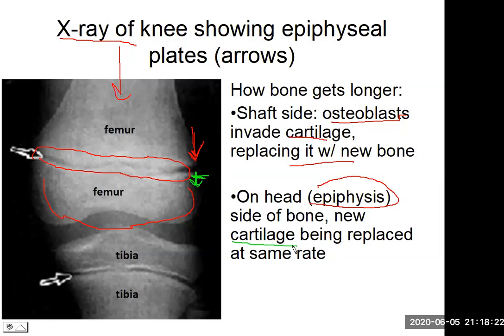And what's key is this growth of cartilage on the opposite side of the epiphyseal plate, it's occurring at the same speed in which we're losing cartilage on the opposite side, closer to the shaft.